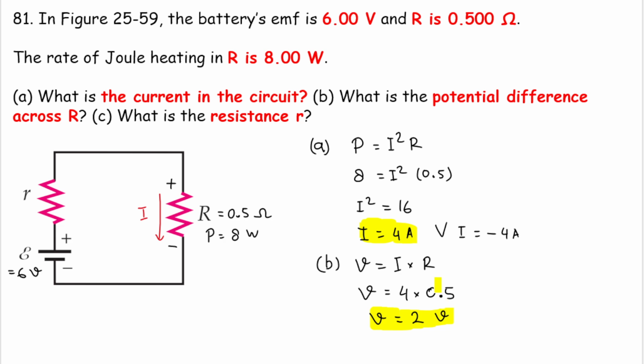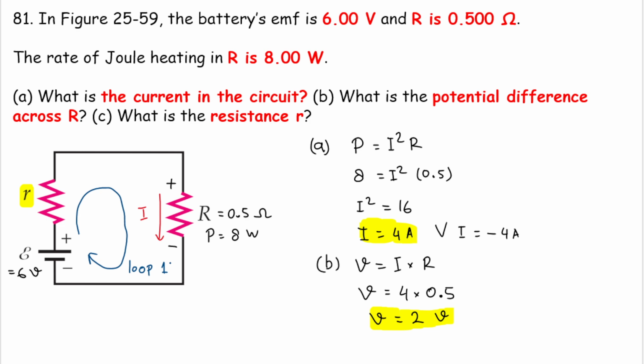Now, what we need to do is use the Kirchhoff loop rule to find this R here. So what can we do from here? This circuit forms a loop, so let's name this loop here as loop 1.